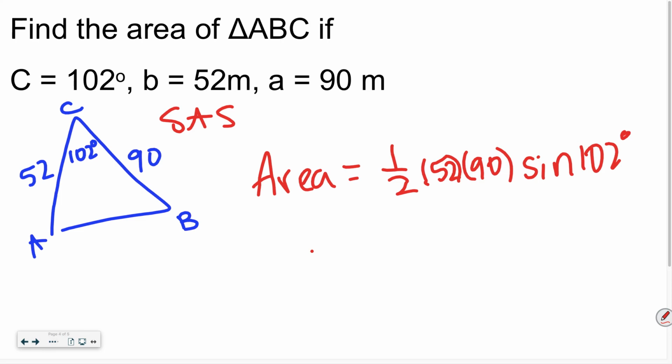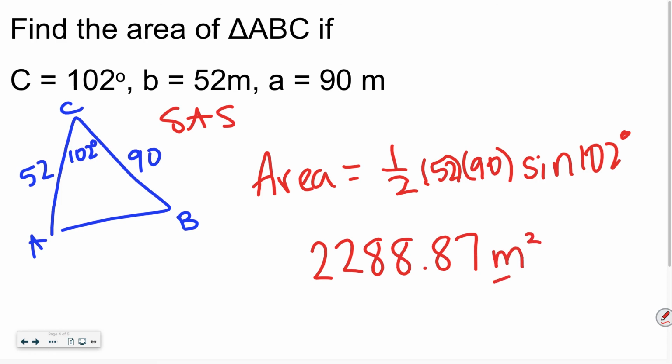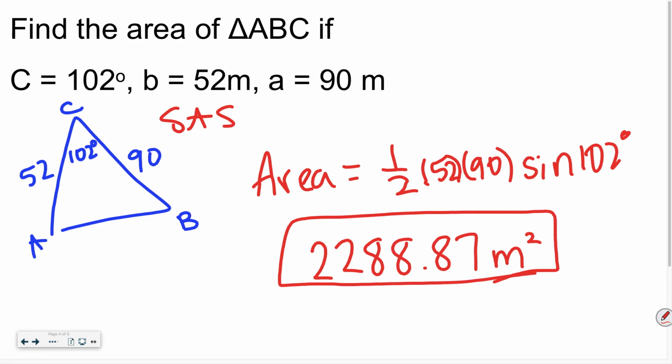What did you get? 2,288.87. And what would we label? Meters. Square meters. Since we're talking about area, we're talking about 2 dimensions, so we need that square unit label.